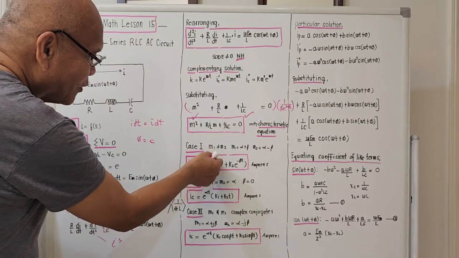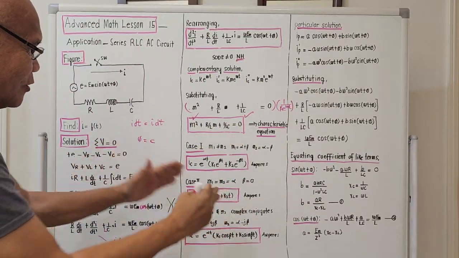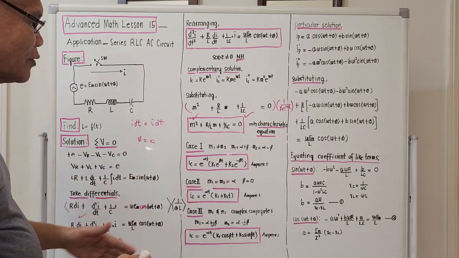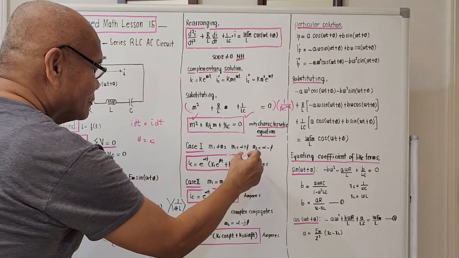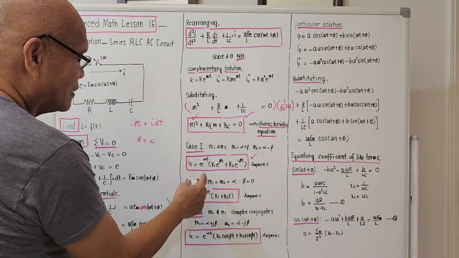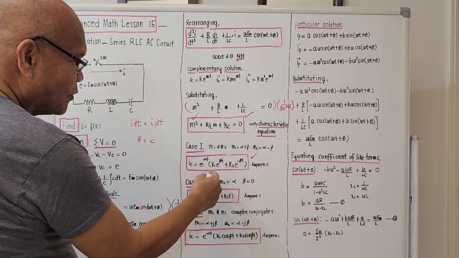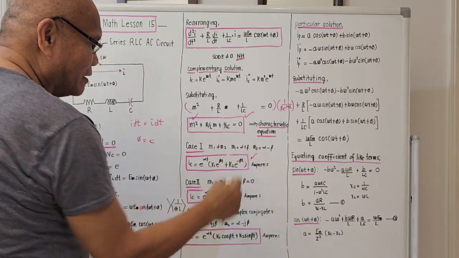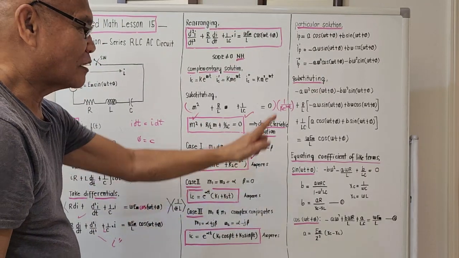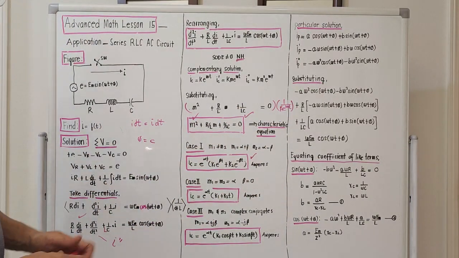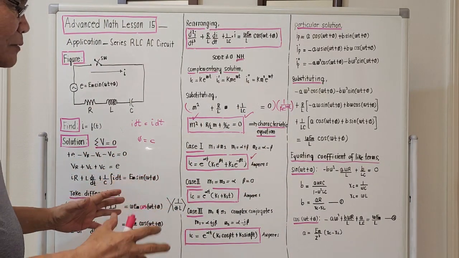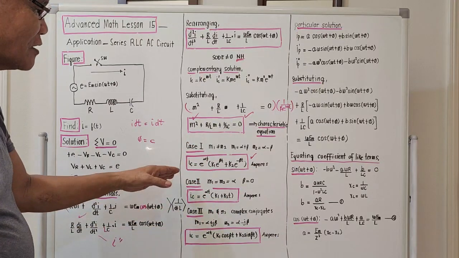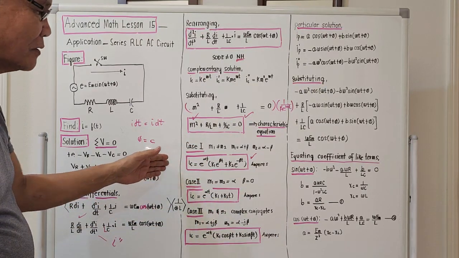So the solution, if it falls under case number 1, using the quadratic equation, this will be the solution of the complementary. That is e raised to alpha t times the quantity k1 e raised to beta t plus k2 e raised to minus beta t amperes. That is for case number 1. For the meantime, I have not computed for the value of m1 and m2 because we are not given a specific problem. This is just what I call a general solution.